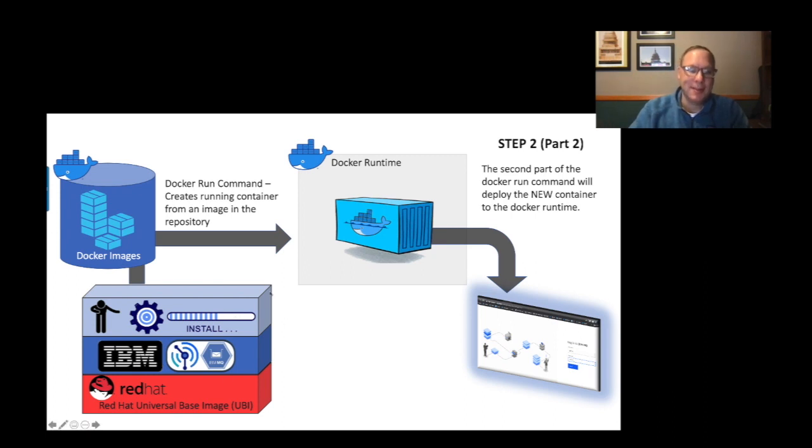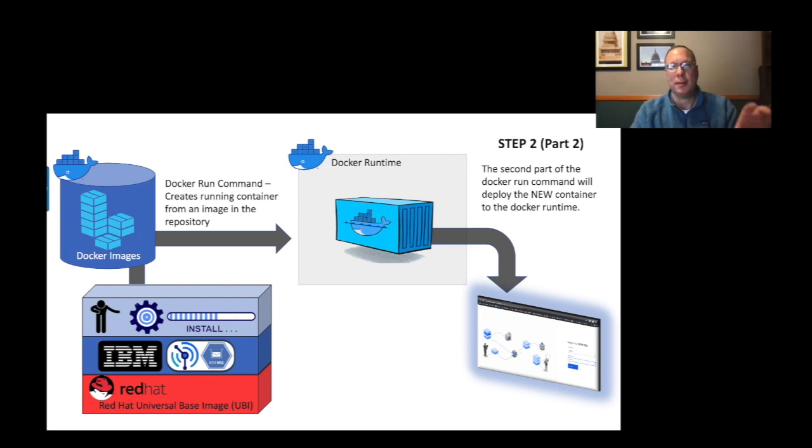What it's doing in this final step is downloading and running a Docker build command to build the actual MQ container that we're going to run. Once it's done, it will put it in the Docker images repository, then it will run it. And when it runs it, now you have a running container. Docker images in our repository are just images.